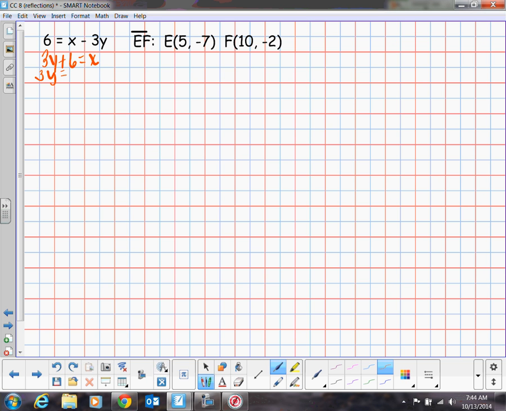Good. 3y equals x minus 6, then what? I need y by itself. So you can have 1/3 x. What's 6 divided by 3? 2. All right. So now this is ready to graph.